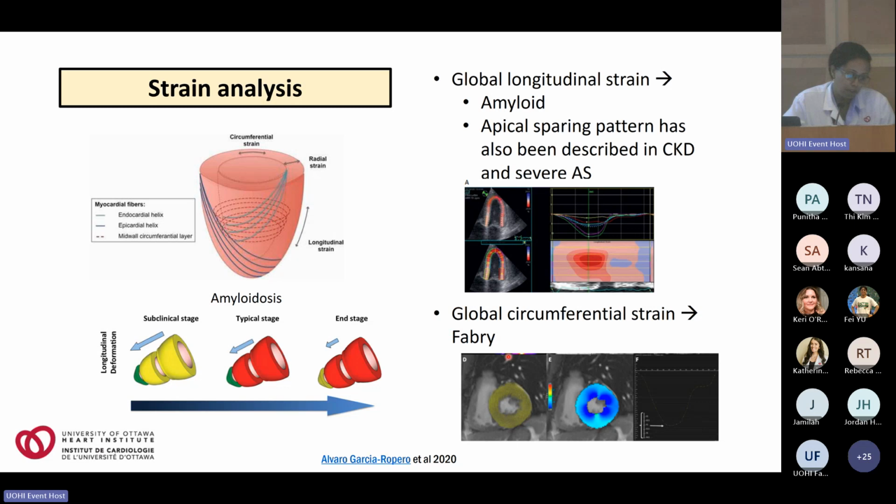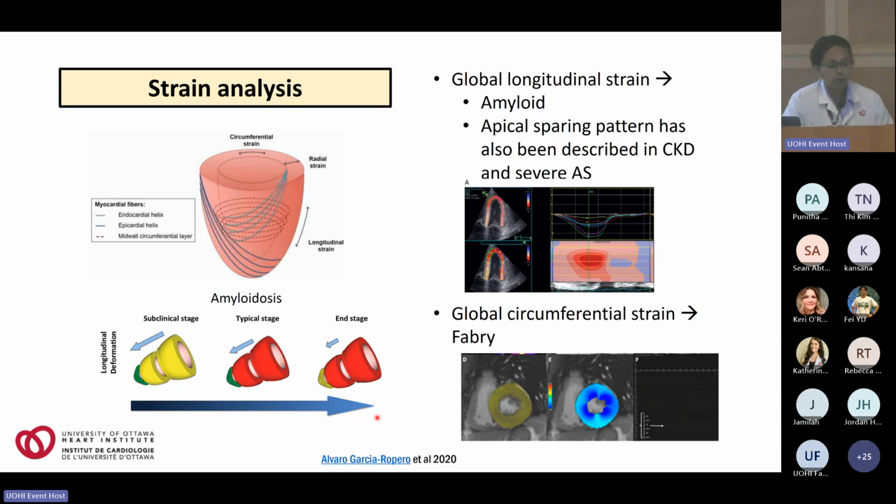Strain analysis has been used with either speckle tracking with echo or feature tracking with MR. Certain diseases such as amyloid tend to have this pattern of involvement from base to mid towards the apex.